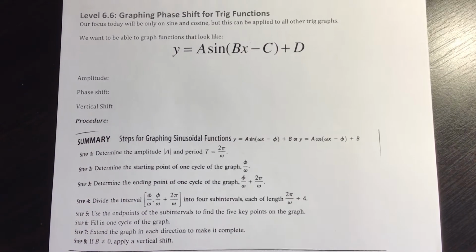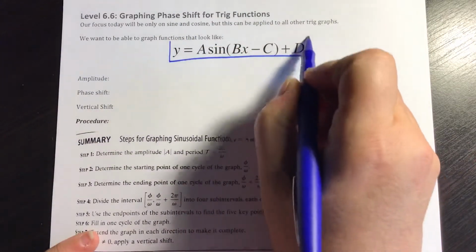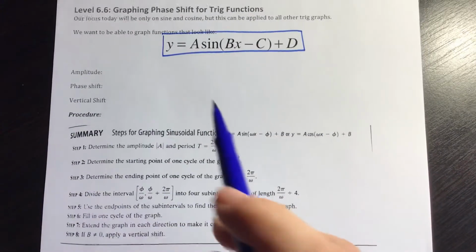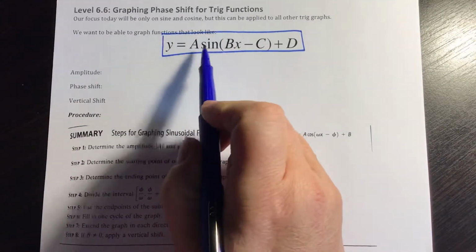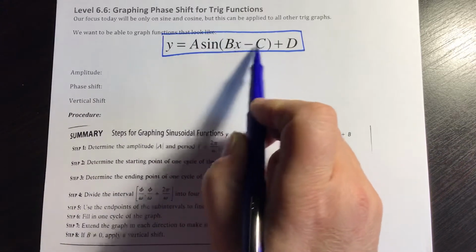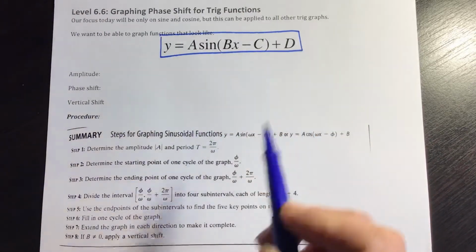Here we are, last section in Unit 6, and it is all about graphing some more. Here we have looked at this equation for the last several days, and we concentrated on mostly a sine of bx, and we've kind of ignored c and just done a little bit with d.